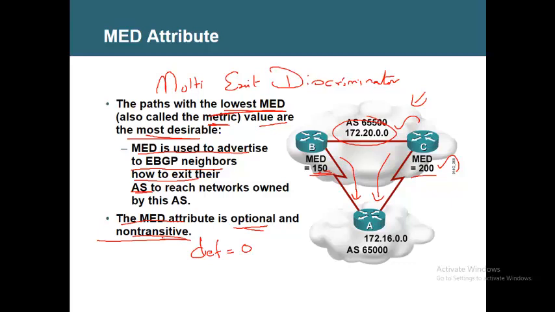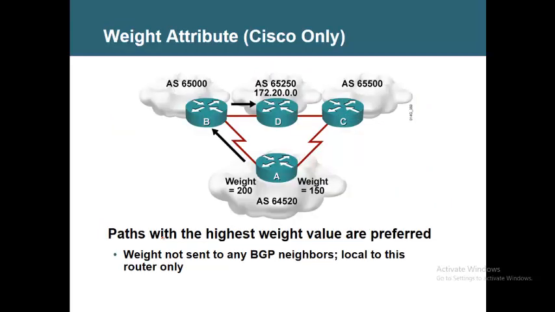Now next is weight. Weight is also the same as local preference, but differs in one way.